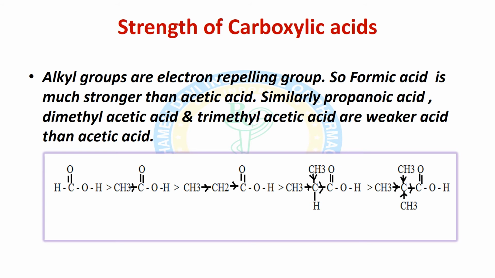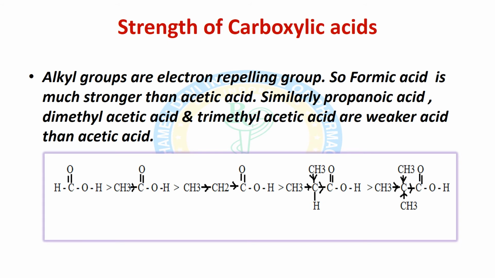So if the electron cloud is not shared by any alkyl group, the H from the COOH group is not held tightly in bond, because the COO moiety, C double bond O, is specifically electron withdrawing in nature. So if only H is there, then it can readily donate its H plus ion.